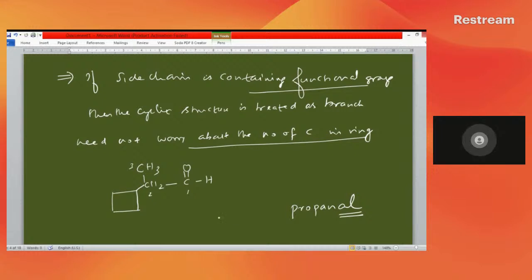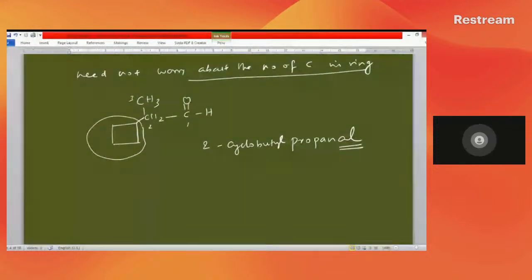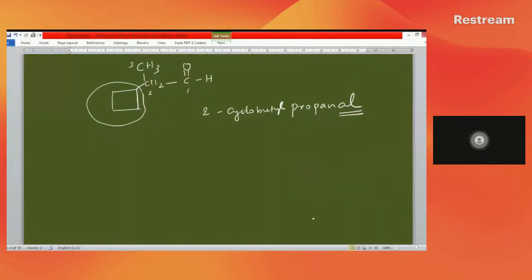Now the branch is found at second position. The name of the branch is cyclobutyl. This is the branch, cyclobutyl, which is found at second position. 2-Cyclobutylpropanal. And the number of carbon atoms in the ring structure need not be considered, because the side chain is having the functional group, and we are giving preference to that functional group.